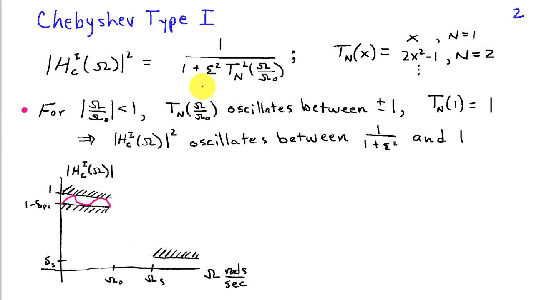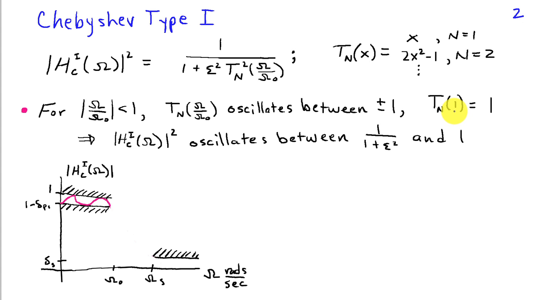locations. One observation about these Chebyshev polynomials is that if the argument is less than 1, then the polynomial oscillates between plus and minus 1, with a value of 1 being obtained at the argument of 1. In other words, when omega is equal to omega naught.